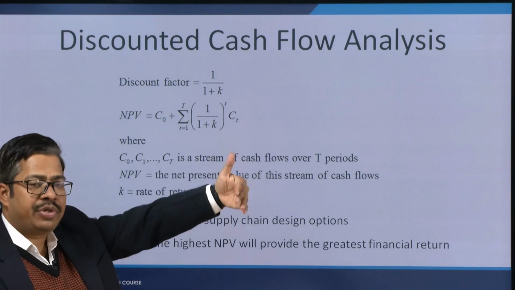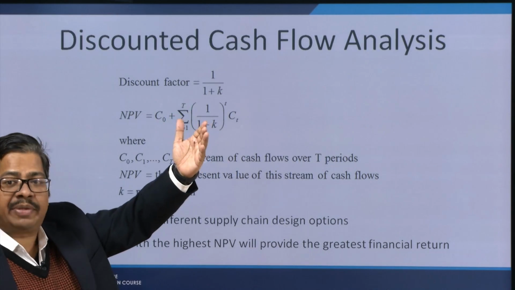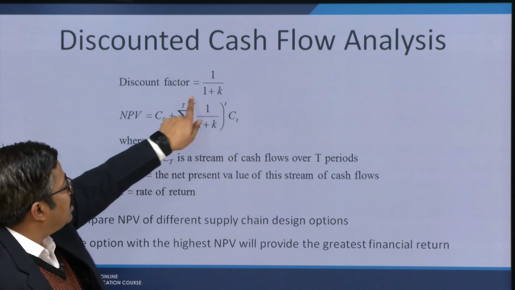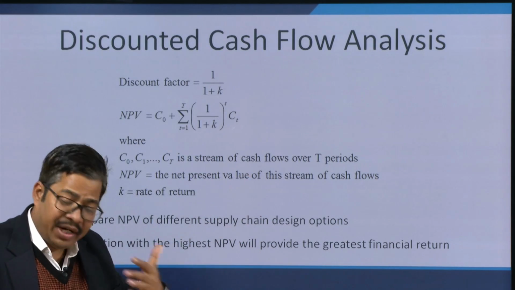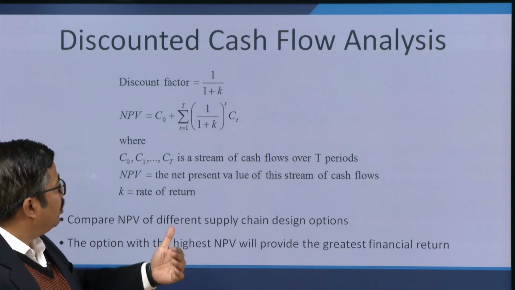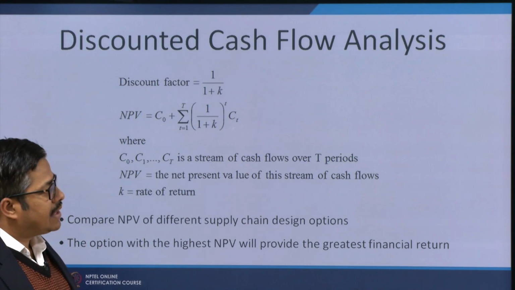CT is the future flow of cash, let's say at the Tth period. So this is the value of that. Now I want to calculate the future cash flow for all the periods. I want to add the sum of that.